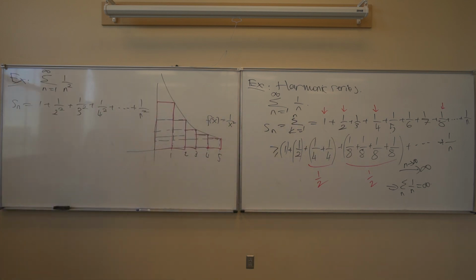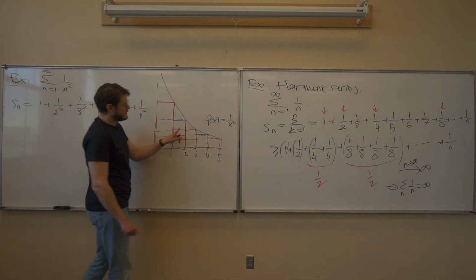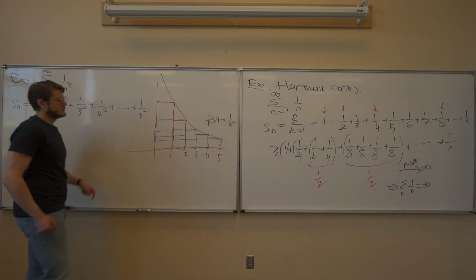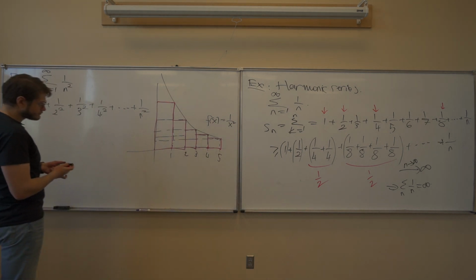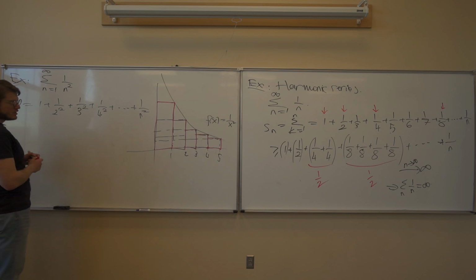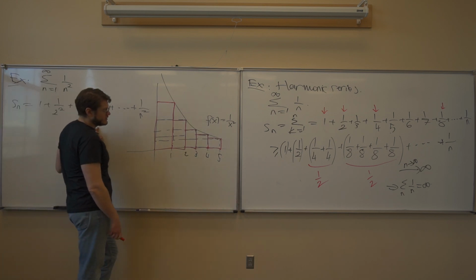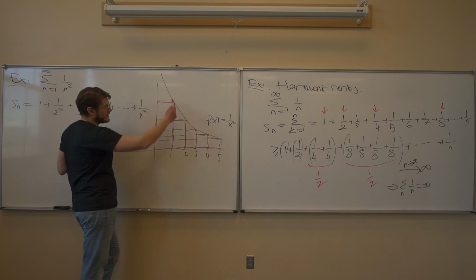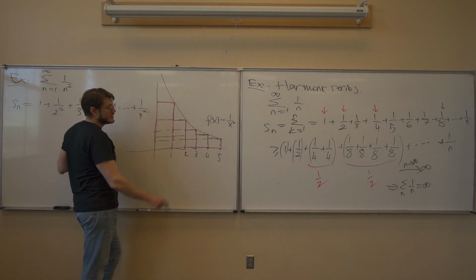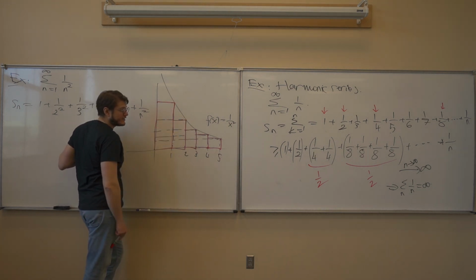Now, without evaluating, what I'm saying is that the sum of the areas of these 5 rectangles, for instance, is S sub 5. Well, that means that, based on the picture, instead of trying to compute this infinite sum and see if it converges, I can try to compute the improper integral of 1/x squared.